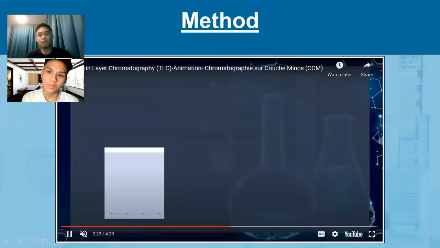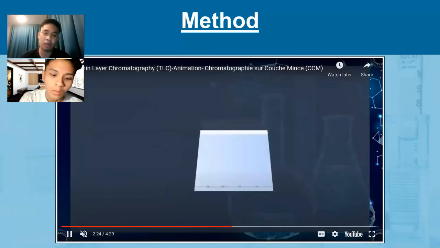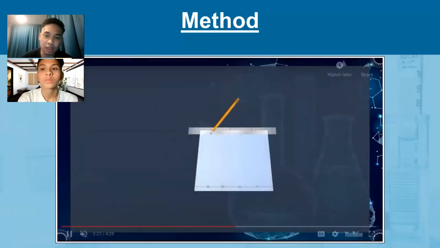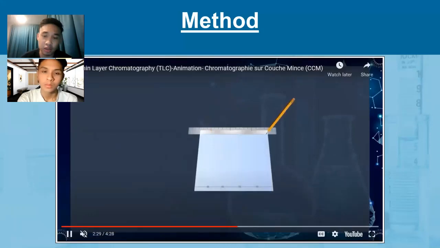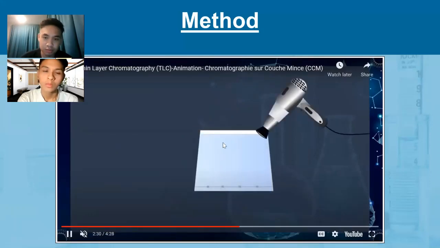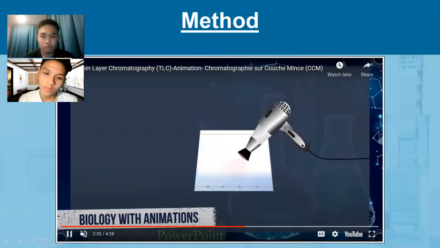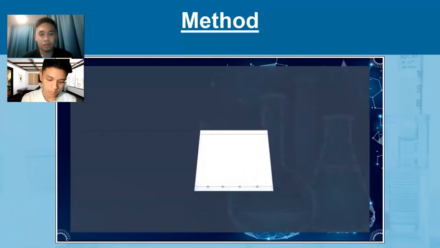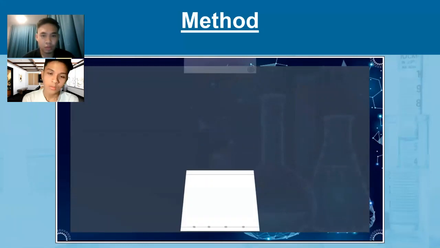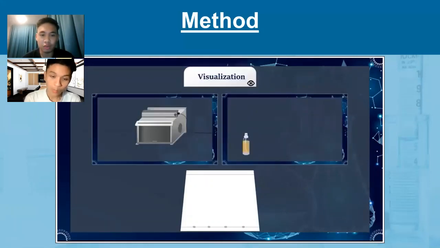Now we take out the TLC plate and dry it up. This is the solvent front. Okay, we dry up. After drying, we will visualize it under the UV lamp.